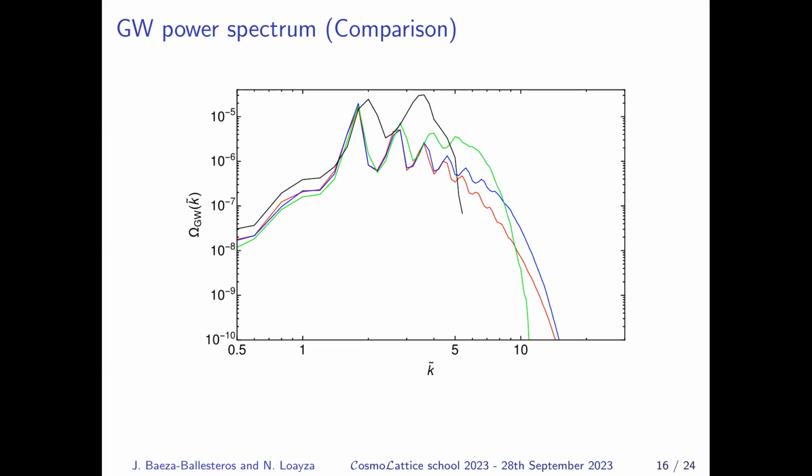You can do some tricks, but it's not straightforward. But what I would expect here is that if you went to a 500 cube simulation, then things would start converging more and more in the ultraviolet.